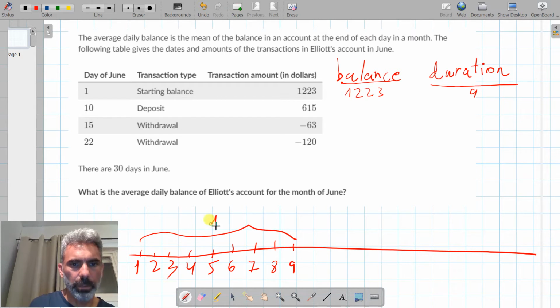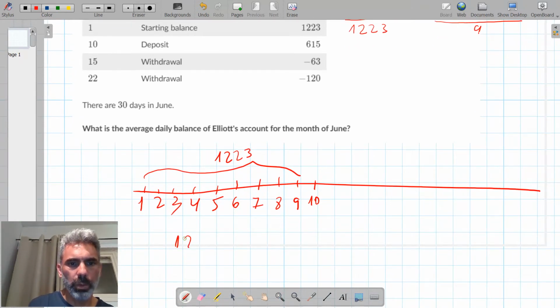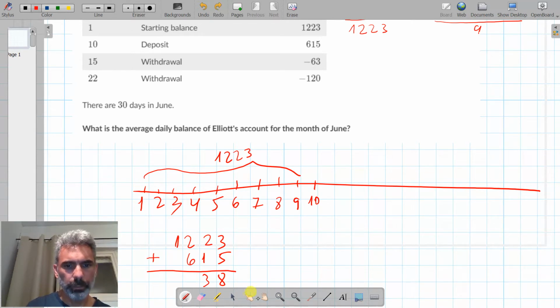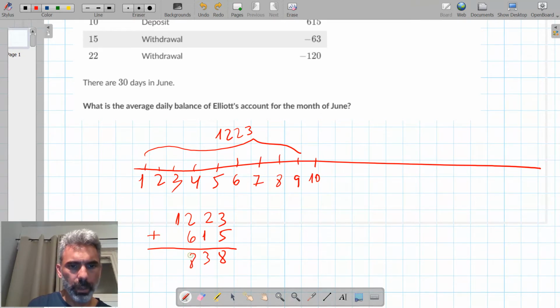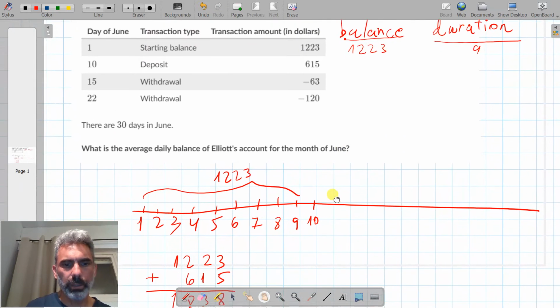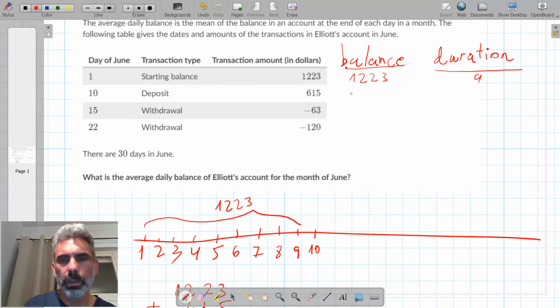During this period, the balance was $1,223, and then on June 10th, the balance became 1,223 plus 615, which is 3 plus 5 is 8, 2 plus 1 is 3, 2 plus 6 is 8, and 1, so $1,838.